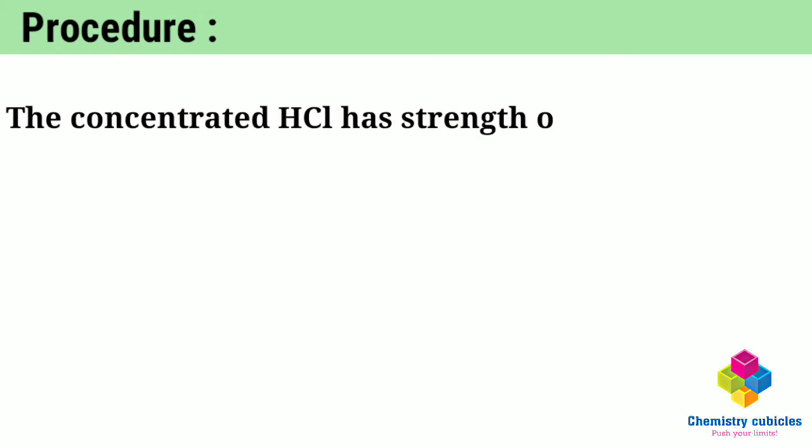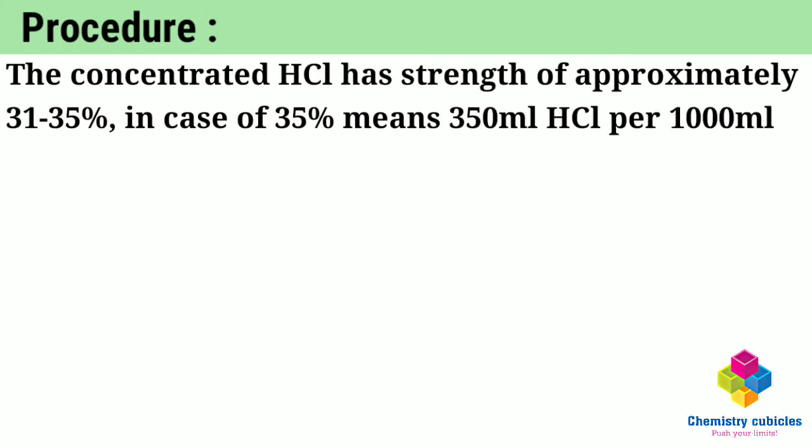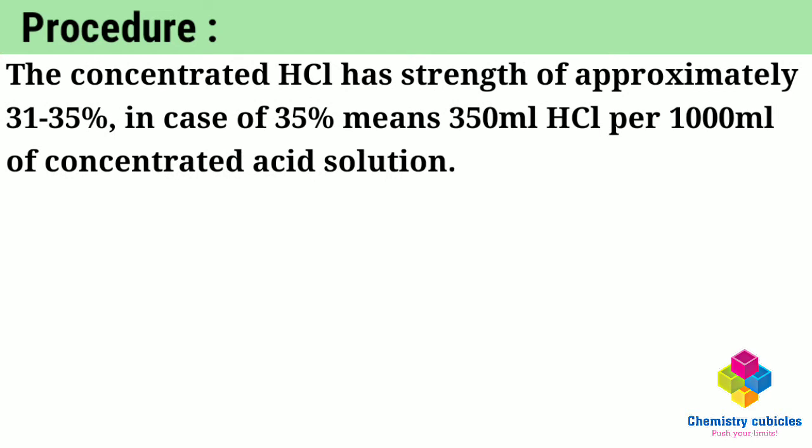The concentrated hydrochloric acid which is provided to us in the laboratories has a strength of approximately 31 to 35%. In the case of 35%, it has 350 ml of HCl per 1000 ml of concentrated acid solution.